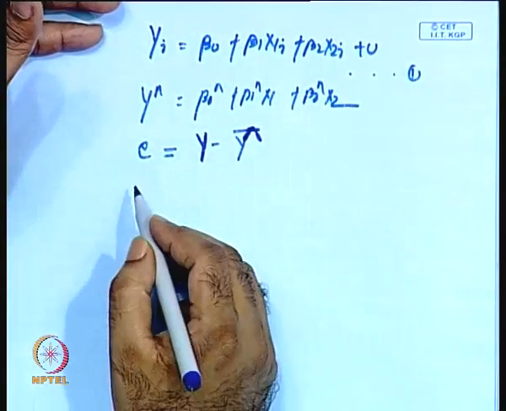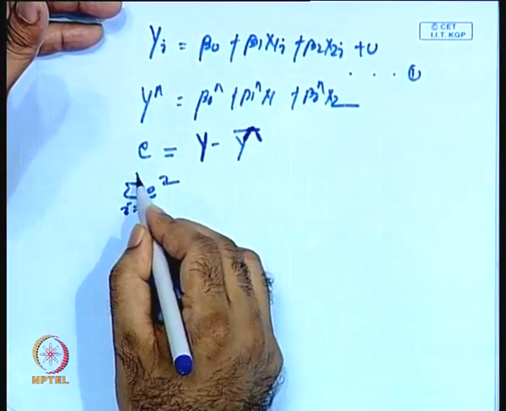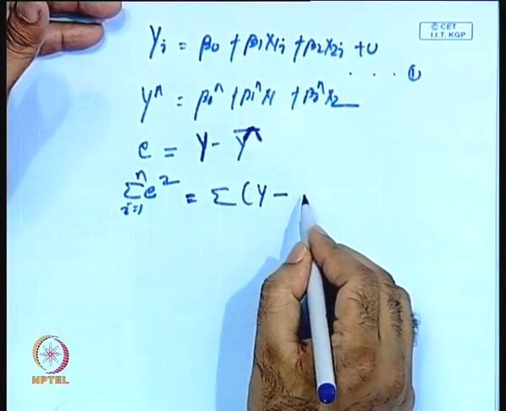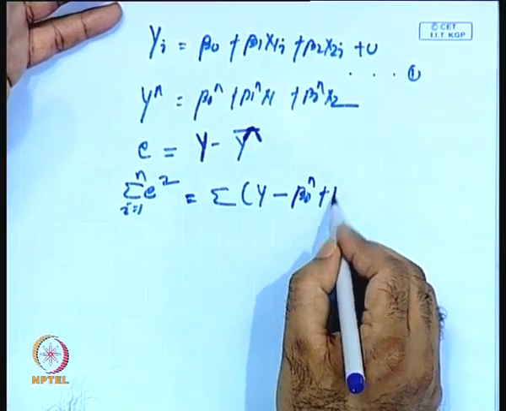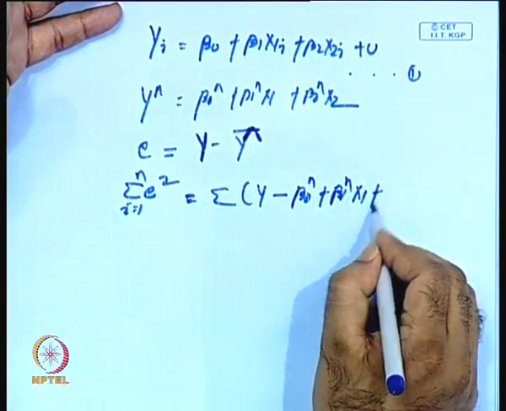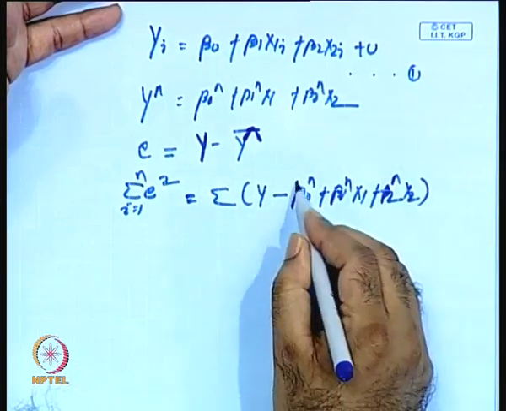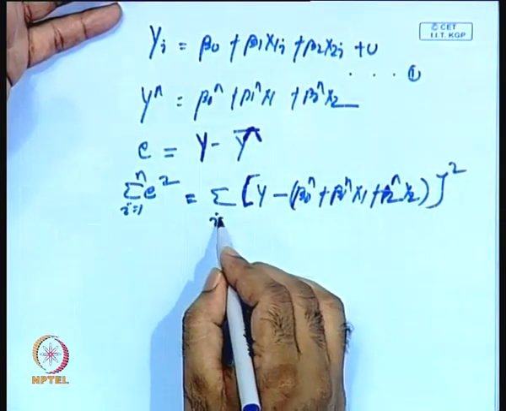Let me design the way we have to derive all these items. So the first step is to have the error sum of squares. So summation e squared, i equal to 1 to n, is equal to summation of y minus y hat, which is nothing but y minus beta 0 hat plus beta 1 hat x1 plus beta 2 hat x2, whole squared, i equal to 1 to n.